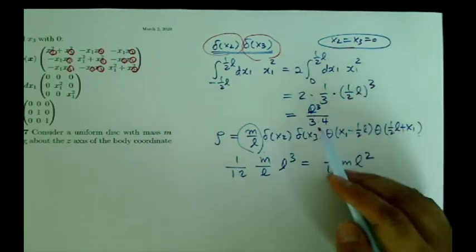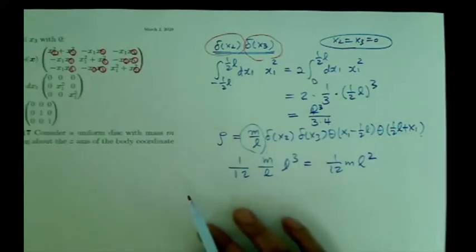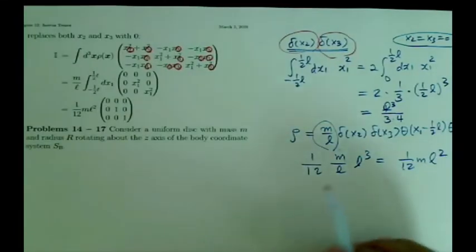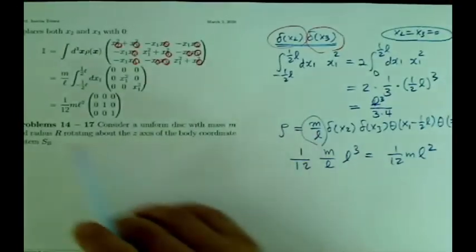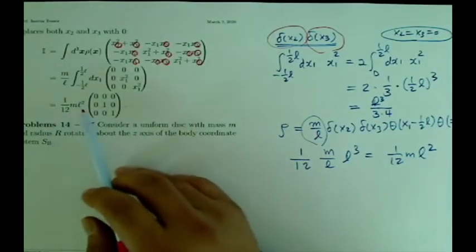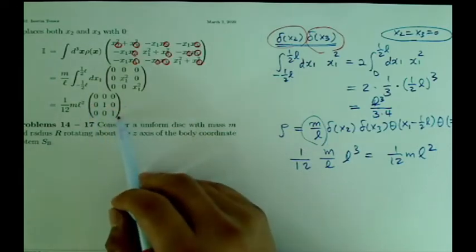The answer is this, L cubed over 12. The factor of m over L appears in the density function. Therefore, 1/12 of m L squared will be the eigenvalues for this matrix.